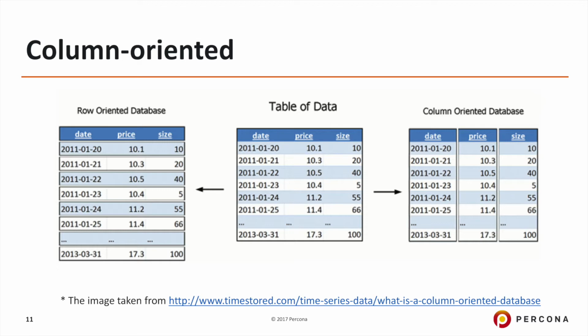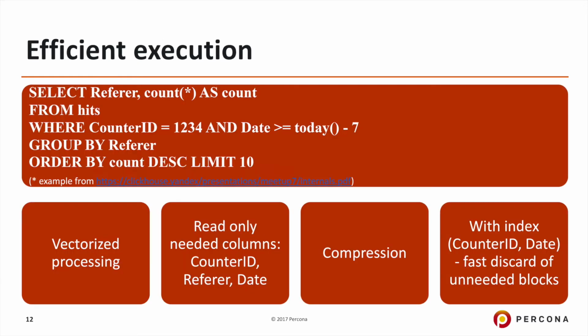So let's take a look at efficient execution. For example, we took this query. This query performs filtering on a where condition. You can see there is a filtering by two fields. There is also aggregation by group by, and also sorting by count.